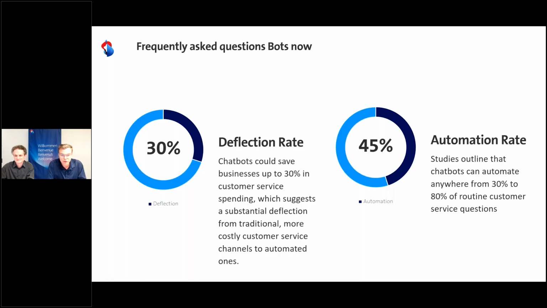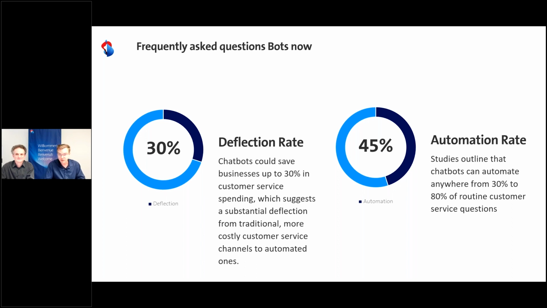If we look at the numbers, for example, the deflection rate, so the cost saving, what chatbots are doing now with saving requests is about 30%. This means that because we use automation in service requests, 30% of the budget can be saved with automation and technologies which are available right now.